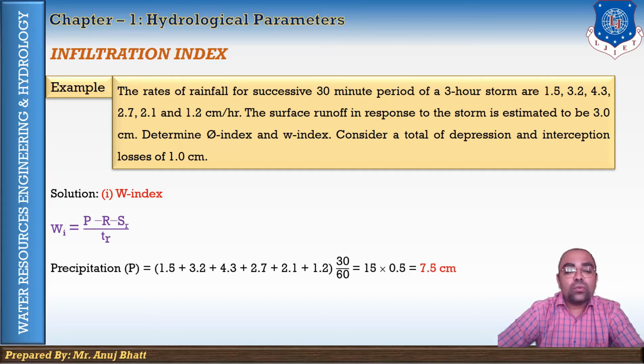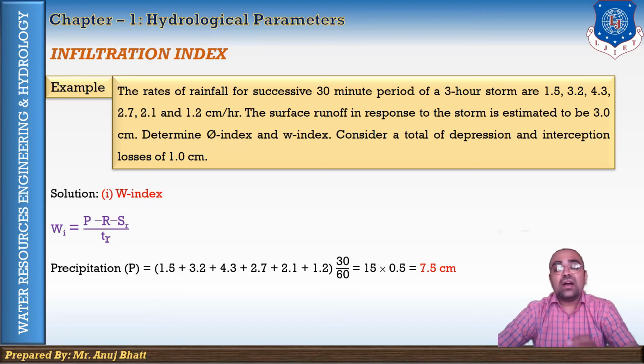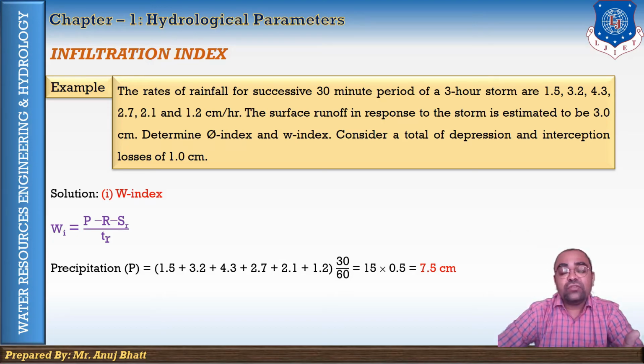So P is equal to (1.5 plus 3.2 plus 4.3 plus 2.7 plus 2.1 plus 1.2) into 30 by 60. So what we did, we multiplied the rate of rainfall with the time so that we get the value of precipitation. So P is equal to 15 into 0.5, that is 7.5 centimeter.